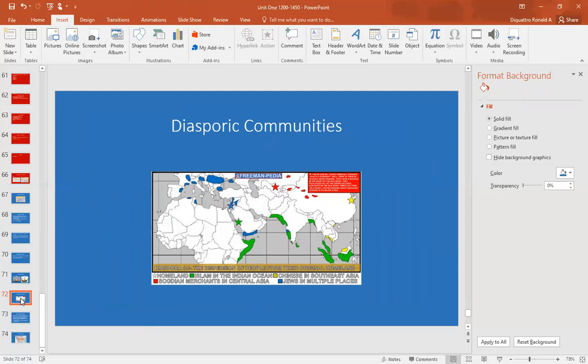Just like on the land-based trade routes, you're going to see diasporic communities emerge on the sea-based trade routes. These territories in green are the regions where Islam was not the dominant set of religious beliefs, but you would have seen Muslim diasporic communities working in cities.